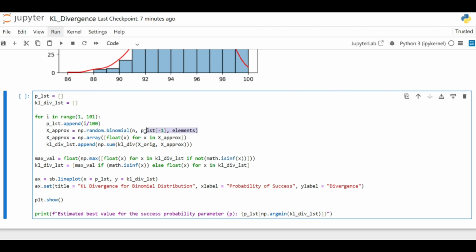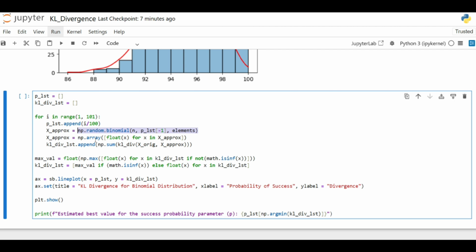And then we are creating a couple of approximation binomial distributions where n is 100, as I discussed, and the probability list is starting from a small value and coming to a value close to 1.